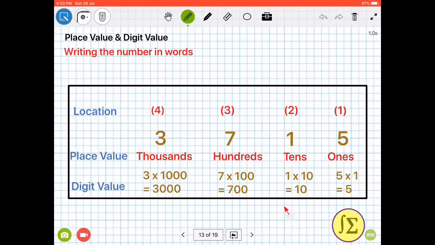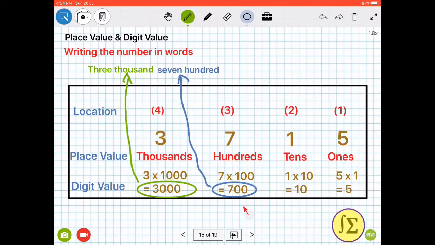We can use digit value to help us write the number in words. We write numbers from left to right. So we do the thousands first. 3000, we write it 3000. Go from left to right. The next is 700, we write that 700. And after 700, we have to look at the last two values together, not separately.